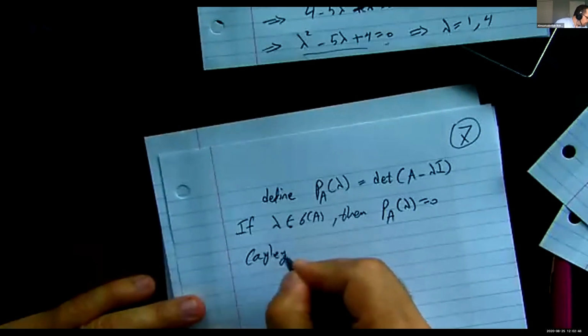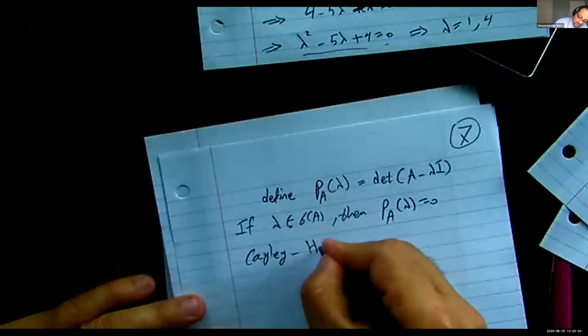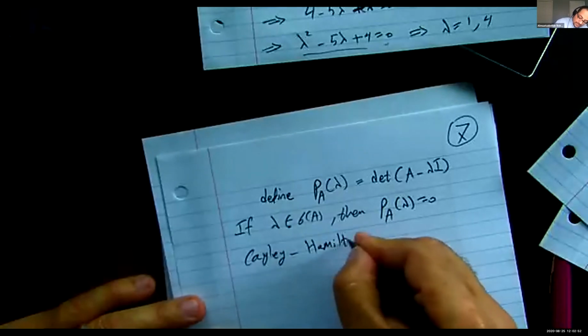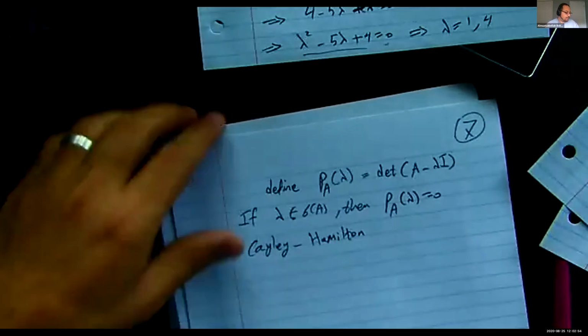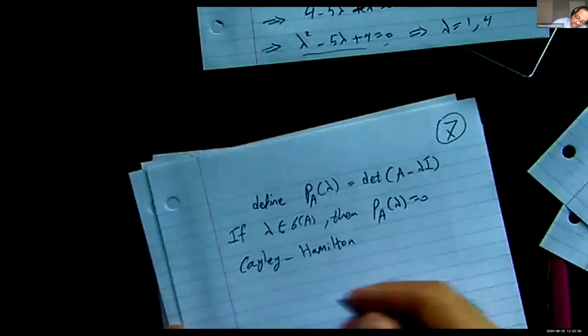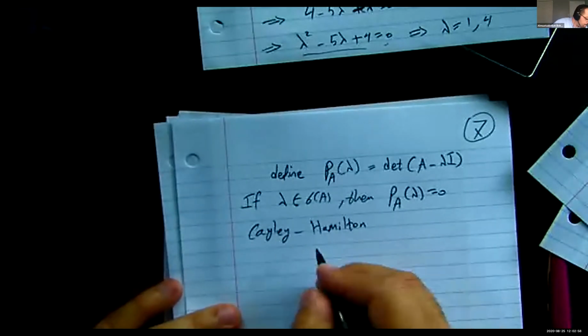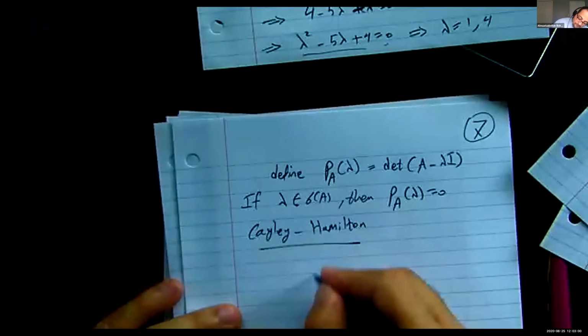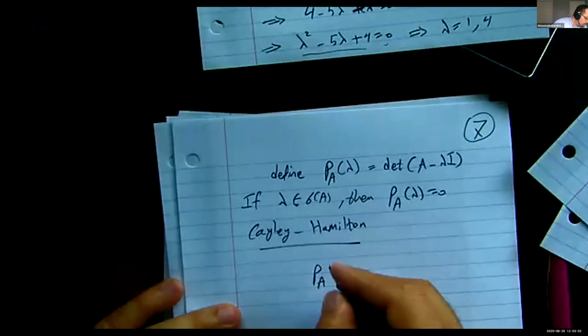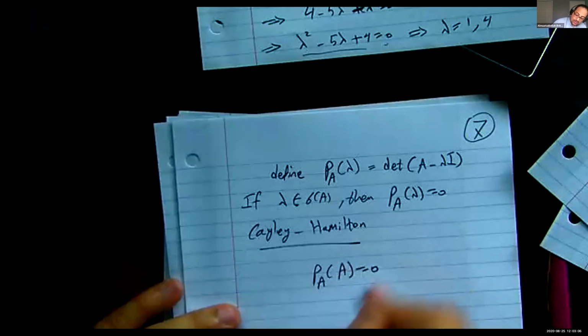Cayley-Hamilton says that P_A of A is equal to 0.